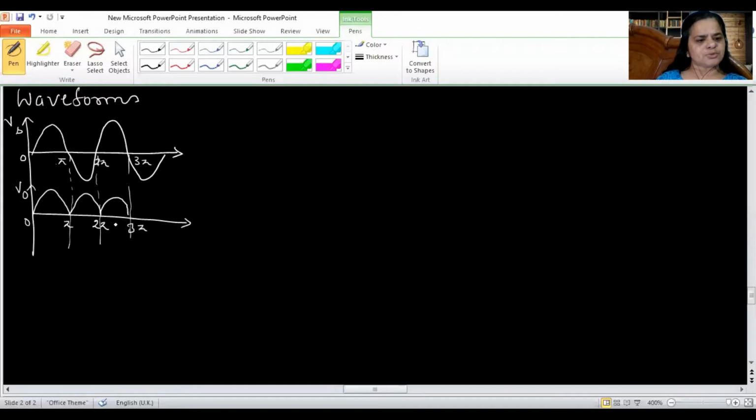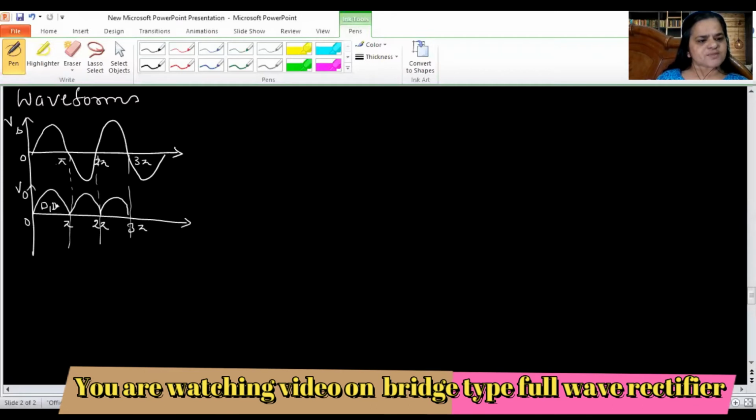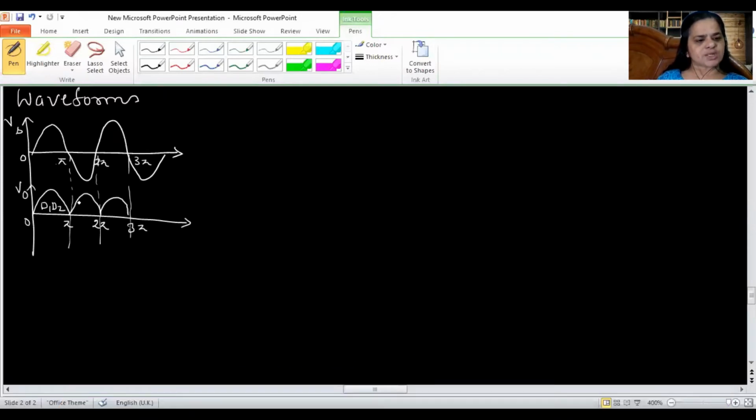Between pi to 2 pi also, we get the positive cycle. Between 0 to pi, the positive cycle is because of the conduction of D1, D2, and between pi to 2 pi, it is because of the conduction of D3 and D4, and then again D1 and D2.